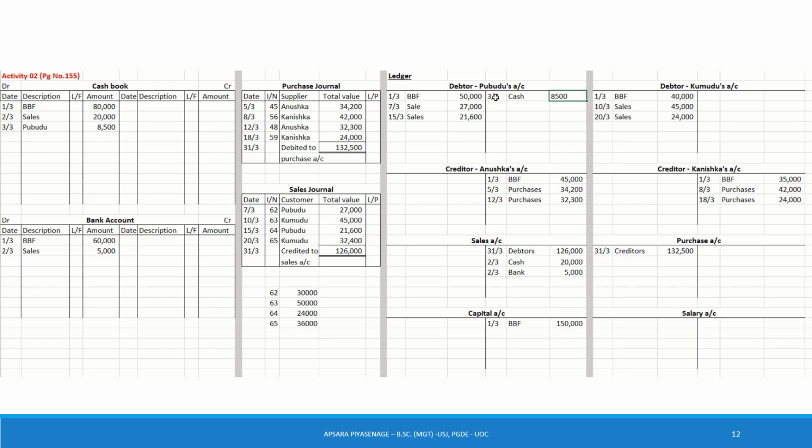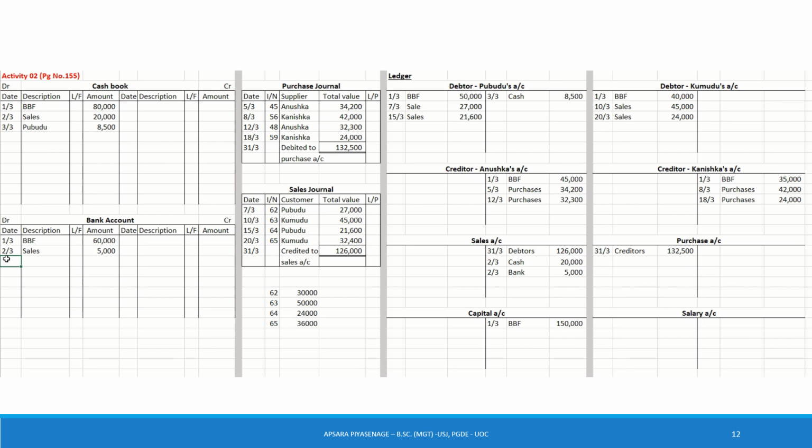Then from Kumudu on 6th of March, a check worth 12,400 has been received. This check was deposited on 6th of March in the bank current account. So it has been received on 6th of March. On the same date, they have deposited the check.